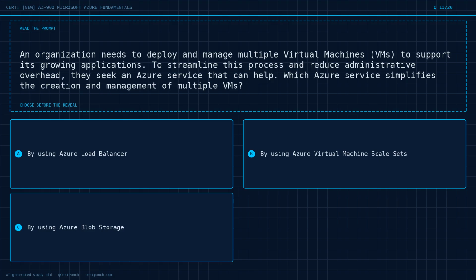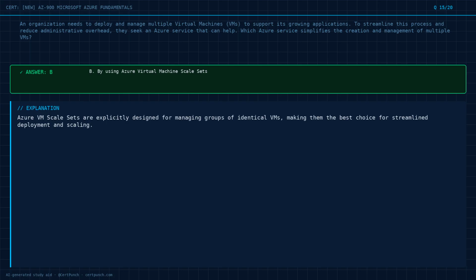Option C, Azure Blob Storage. Choose the best answer before the reveal. Commit to it now. The answer is option B. Exam logic. Azure VM scale sets are explicitly designed for managing groups of identical VMs, making them the best choice for streamlined deployment and scaling.